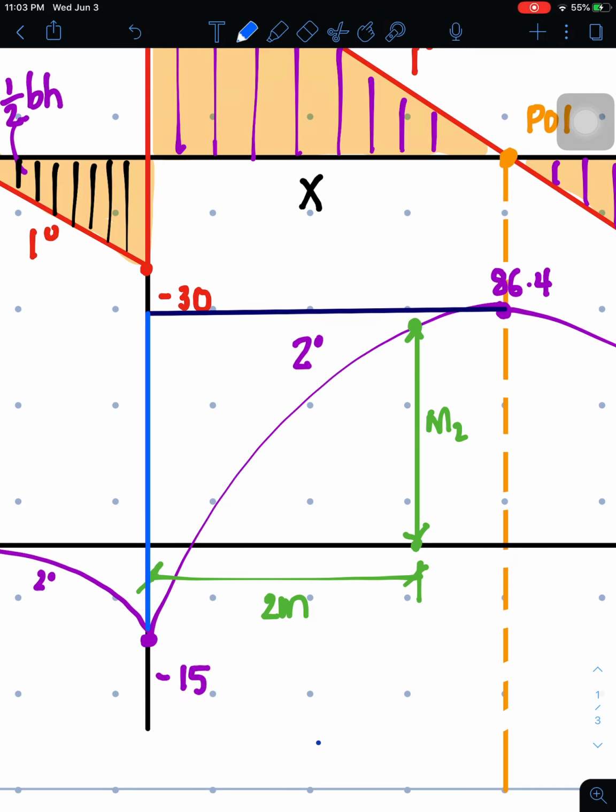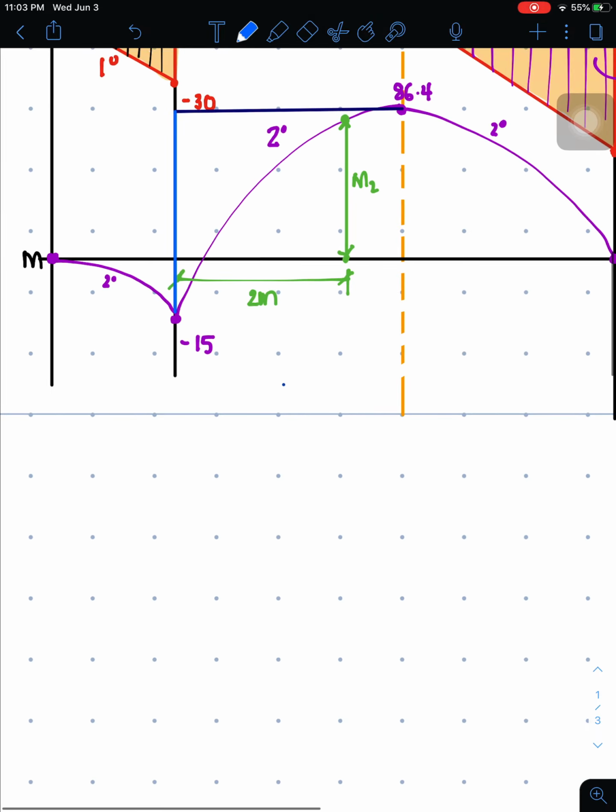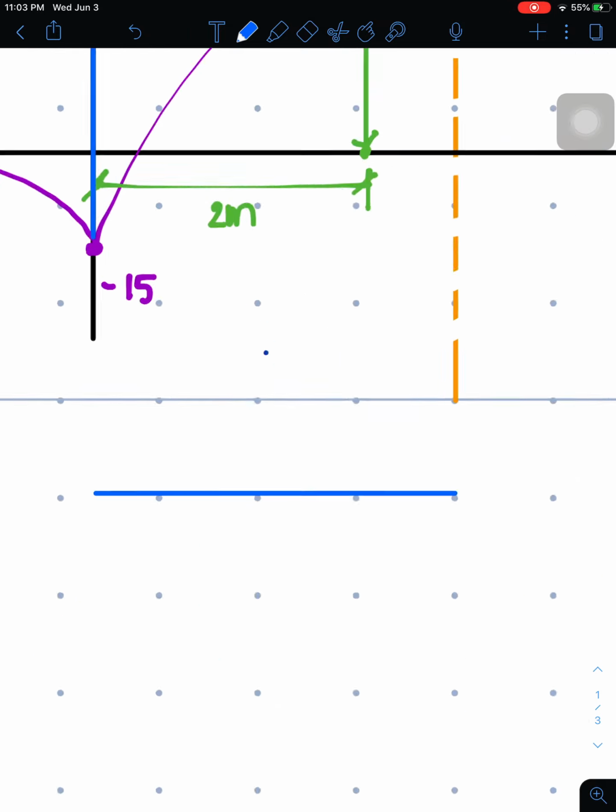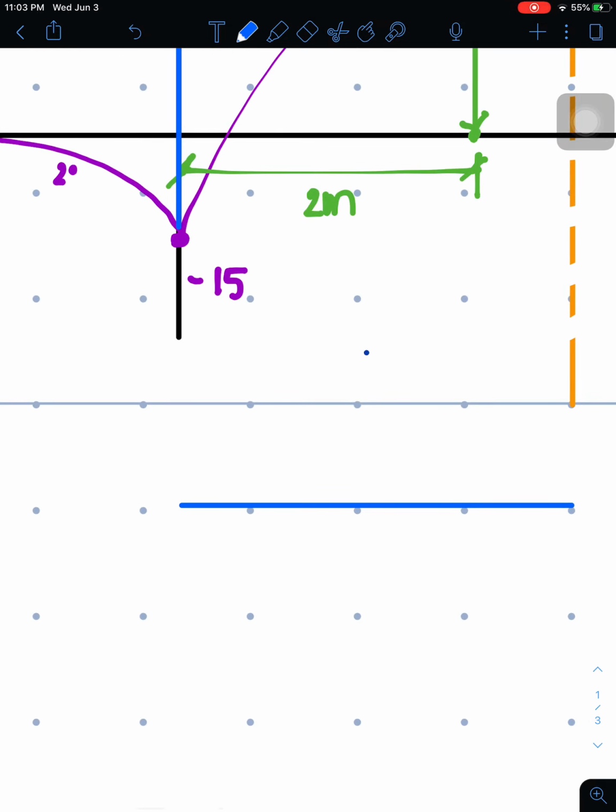So we will just redraw it. This is the 2.6 that we are talking about. So this is 2.6.